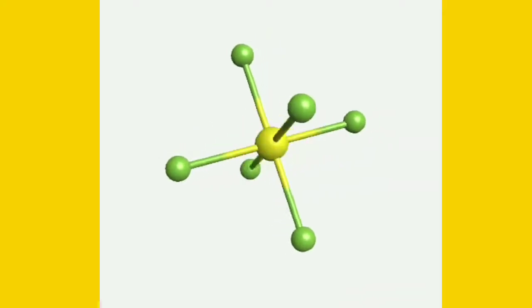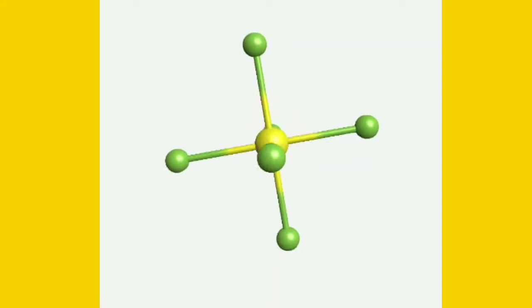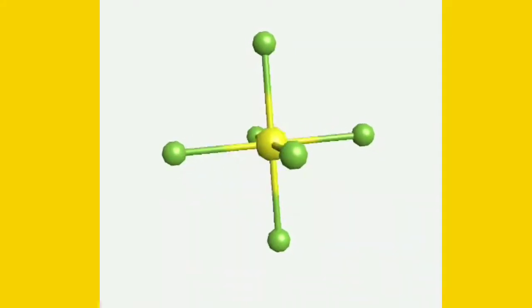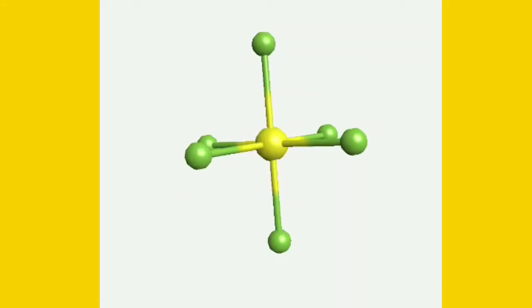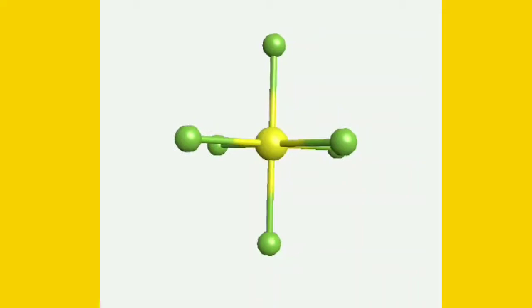To check optical isomerism, we have to see whether it has any symmetry element or not. We can visualize easily that it has many symmetry elements, and the possibility to show optical isomerism is also 0, meaning it will not show optical isomerism.